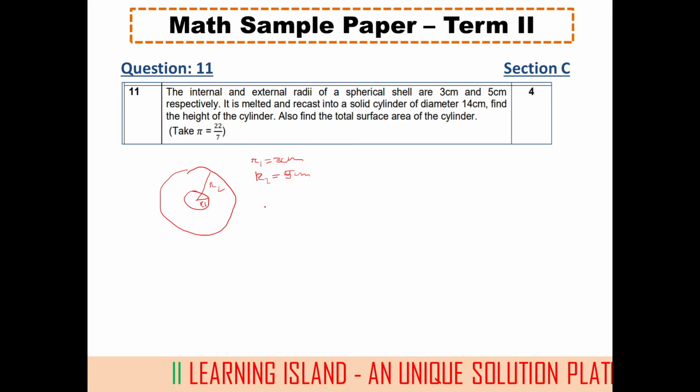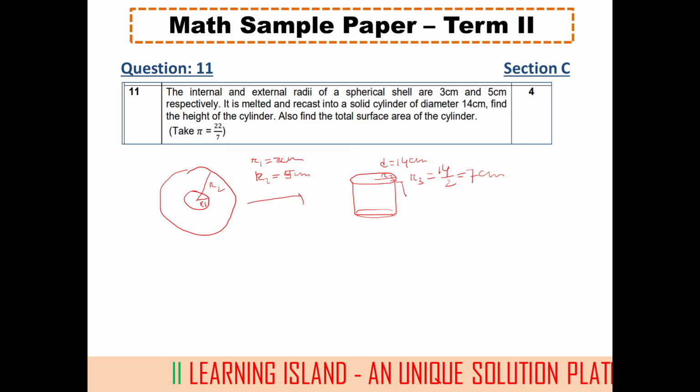Now this spherical shell has been melted and a solid cylinder has been made out of it. The diameter of the cylinder is given, D equals 14 centimeter. Means if the radius is R3, then R3 equals 14 by 2, that is 7 centimeter.